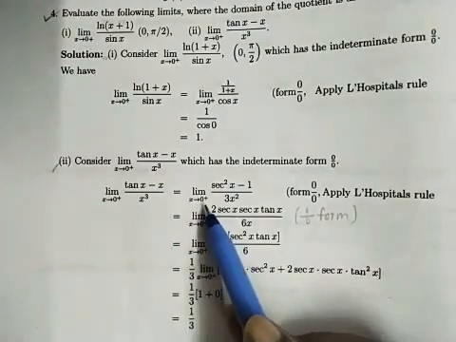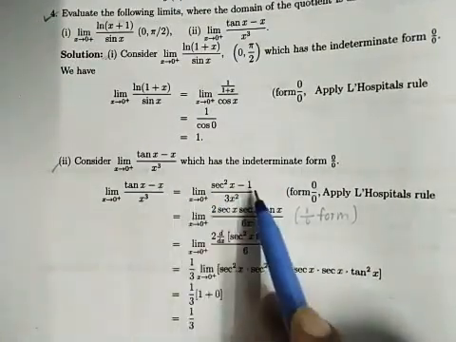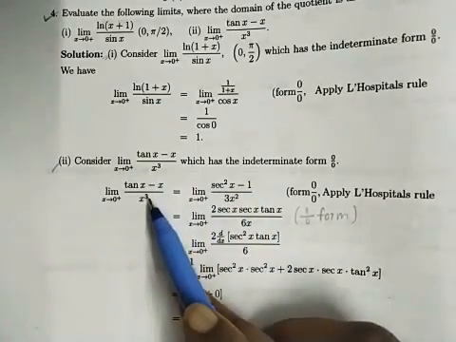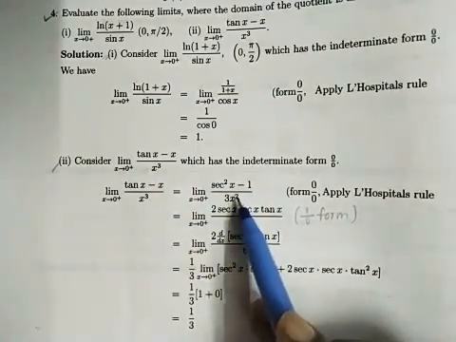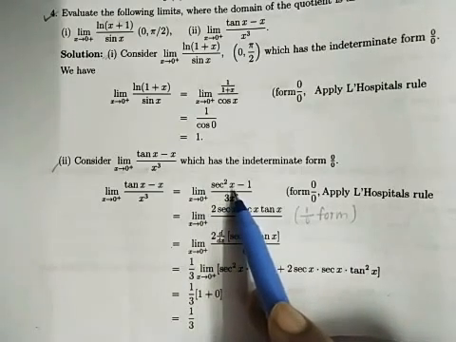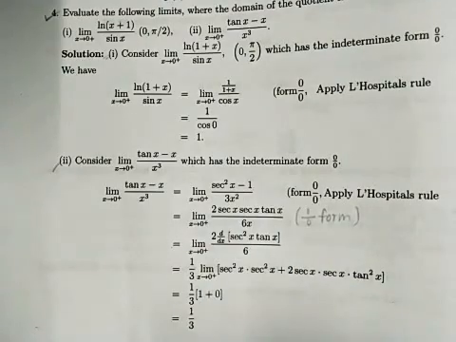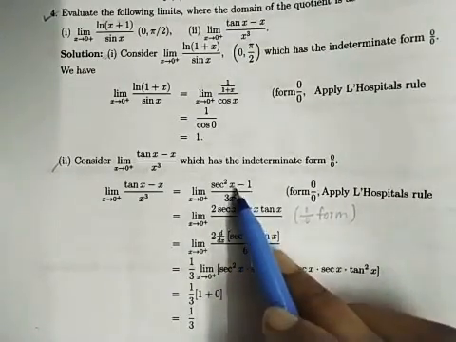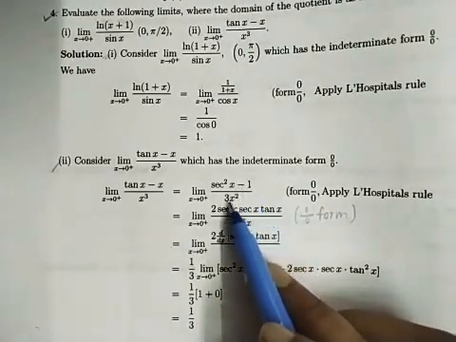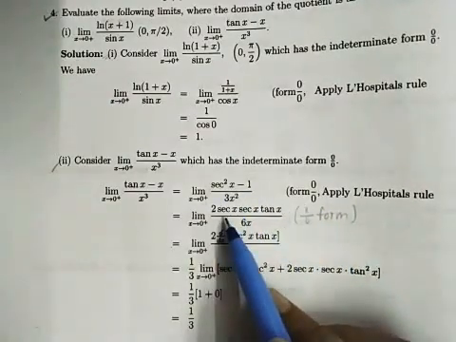So limit x tends to 0 plus derivative of tan x is sec square x, derivative of x is 1, derivative of x cube is 3x square. If we apply limit here, what we get? sec square 0 is 1. So it will be 1 minus 1, that is 0 upon 0. So it is again 0 upon 0 form. So we take the derivative again.